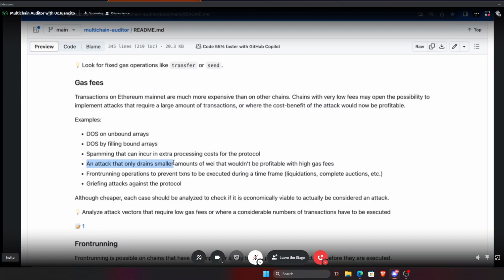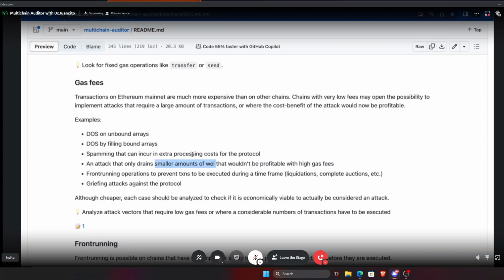So you can also check, this is more interesting. You may find a vulnerability that drains a very small amount of Wei or tokens. And if you perform that attack on Ethereum, you might be paying like $5 per function execution. So in order to steal some Wei, it won't be profitable.